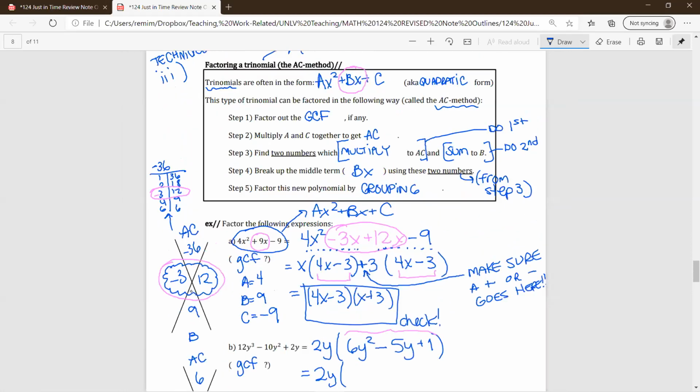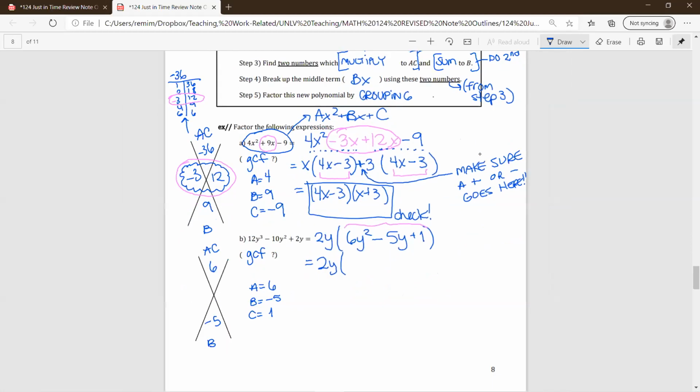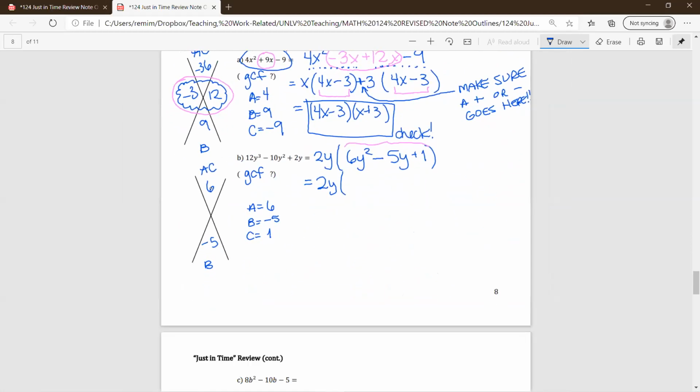And we are on step 3 right now, so we need to find two numbers that multiply to AC, and then check that they sum to B. So we need two numbers that multiply to 6. If two numbers multiply to a +6, both the numbers either have to be positive or they both have to be negative.